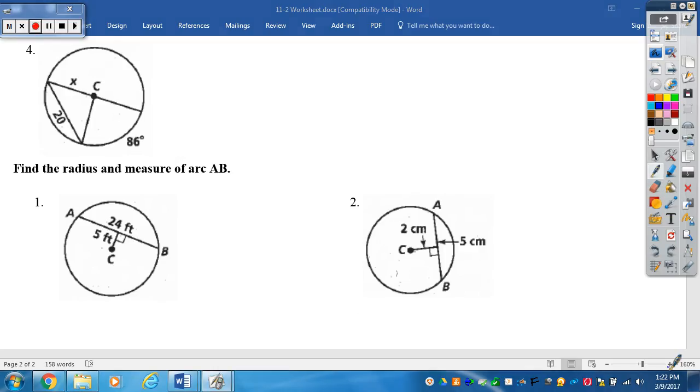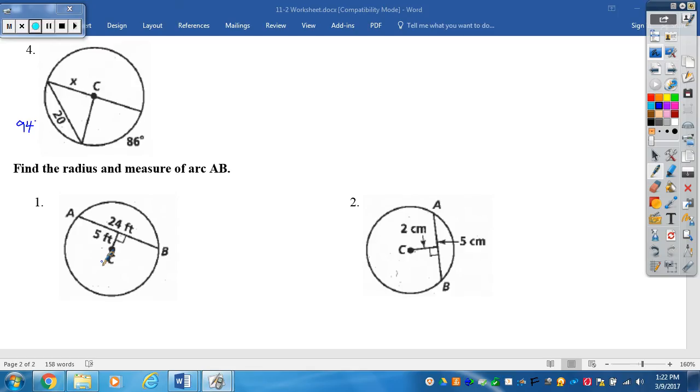So this one, you got to get a little bit creative on, and there's lots of different ways that you can do this, but one thing that you could do is either say, okay, this is 86, so this is 86, or you can go ahead and take 180 minus the 86 and get what's left over here, okay? And so if I go ahead and do that, 180 minus 86 gives me 94, and so this arc over here is 94 degrees, okay?